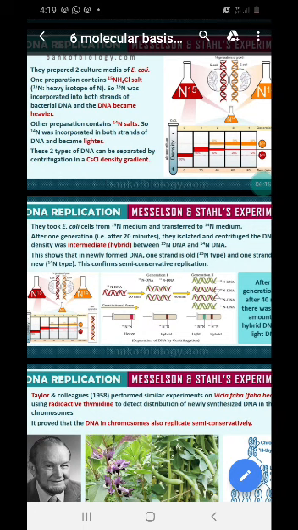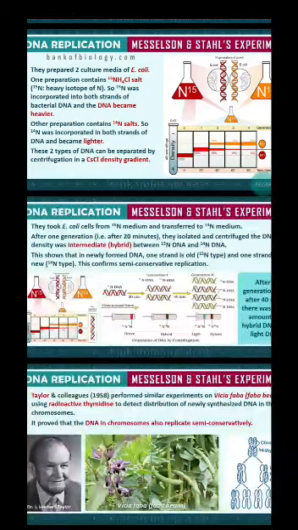Now, after 20 minutes, when the DNA of these bacteria is extracted and again centrifuged, you can see that it occupies a little higher position than the previous one, because now in the double DNA strand, one of the strands is the parent strand, which is N15, and a new strand is synthesized which contains N14, which is growing in this particular medium.